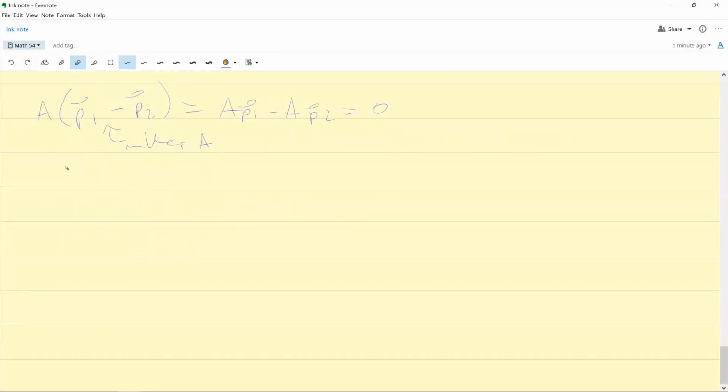So the next thing I'm going to try to do is write this vector. P1 is in our row space, so we can write it as P1 plus nothing.